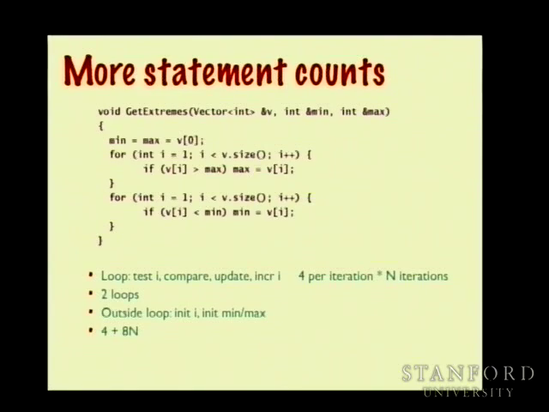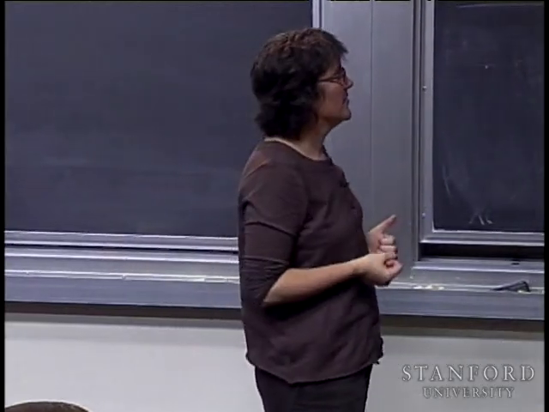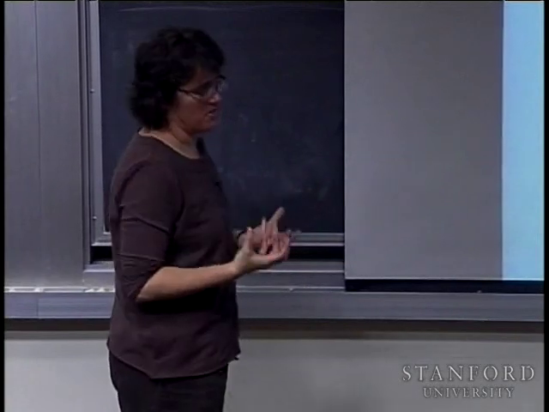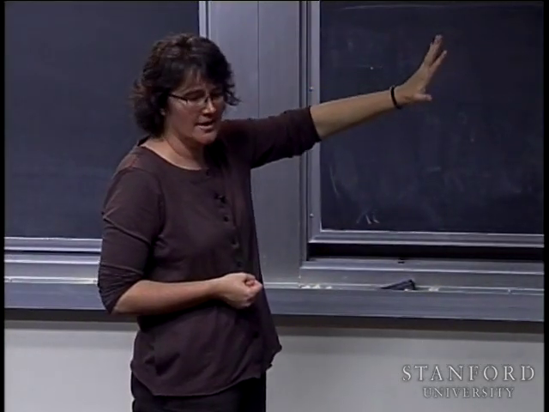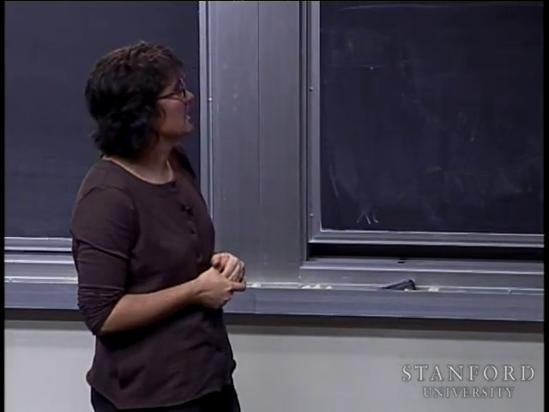Whether we loop over the vector once and then go back and loop over it again, or whether we do twice as much stuff to each element inside one loop, for the purposes of the analysis we're looking at, it comes down to the same thing, which is that there is something that depends on the size of the input directly, which is to say that it will increase linearly with the change in size.